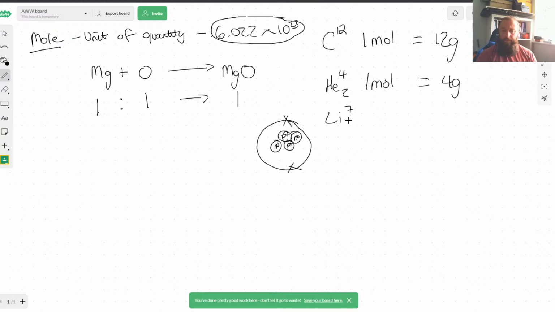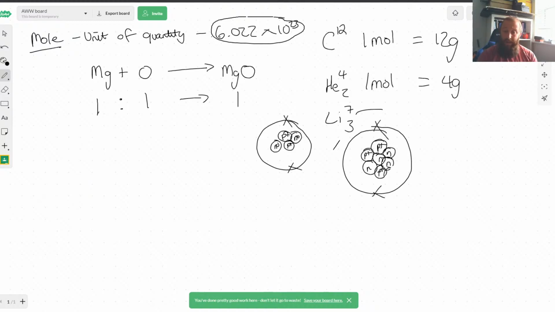Lithium has 7 particles in the nucleus. Three of them are protons, which means the other 4 are going to be neutrons. So we'll just put our electrons round just so we've done it as a bit of a recap.